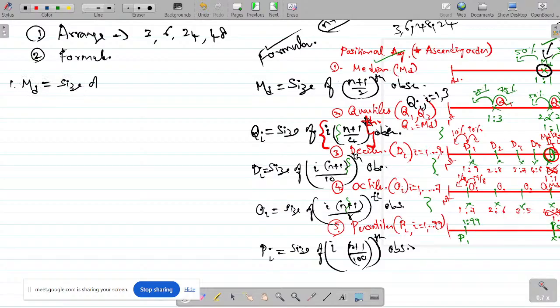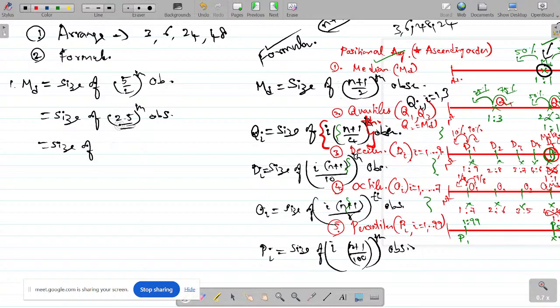Size of (n plus 1) divided by 2 observation. What is n? 4. So this is 4 plus 1, which is 5, divided by 2. What is 5 by 2? 2.5th observation, which is size of 2.5. I can write it as 2 plus 0.5. Am I right?